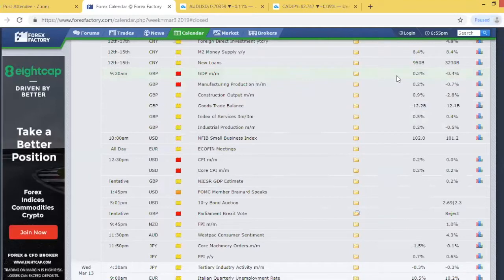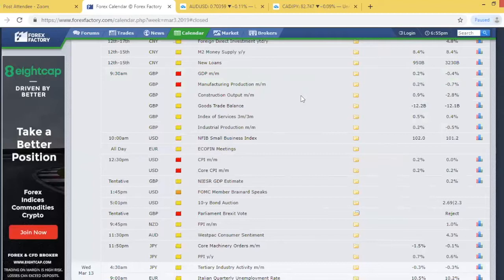So what we need to see is positive GDP figures for the pound, and then we'll see a rally within the pound sterling. Manufacturing production figures are expected to be positive and an increase on the previous, but ultimately nothing too inspiring with manufacturing.